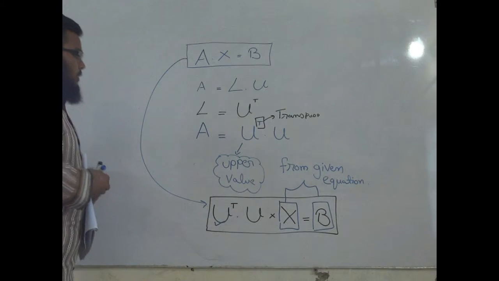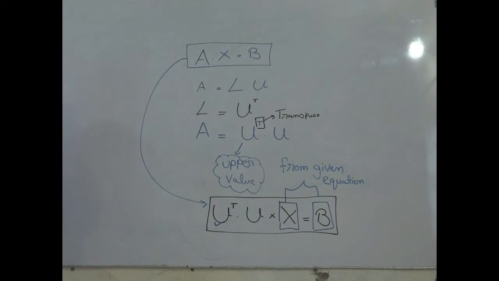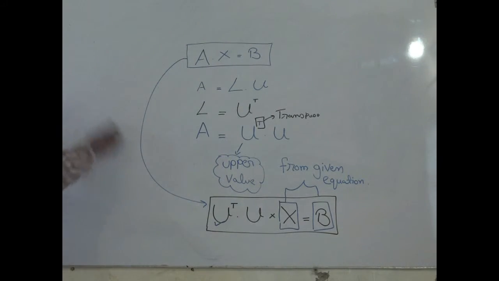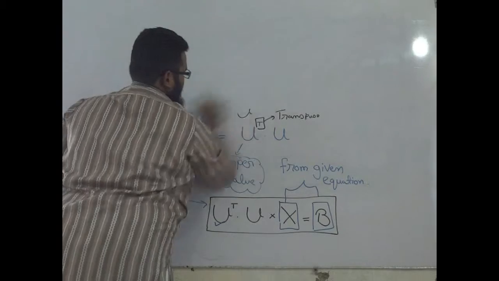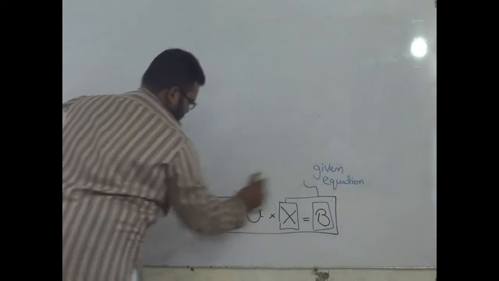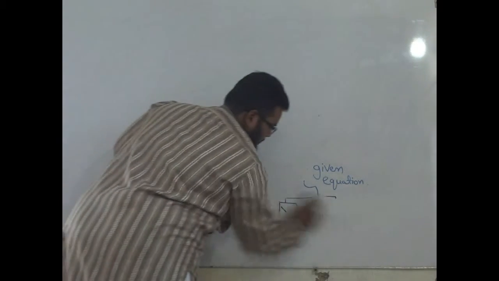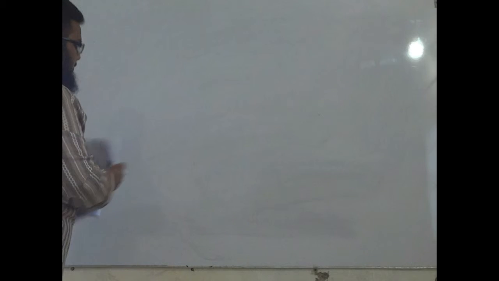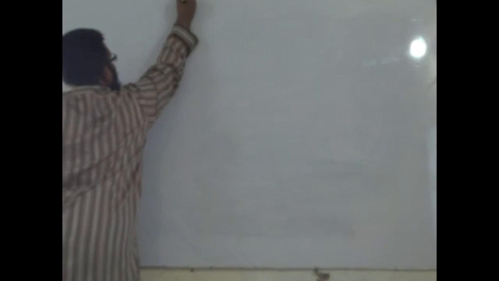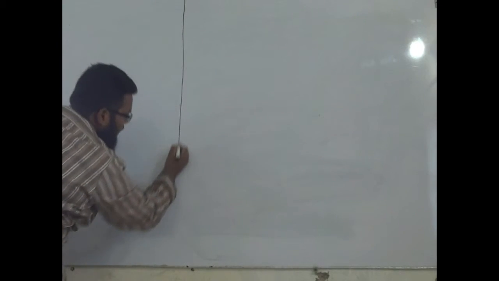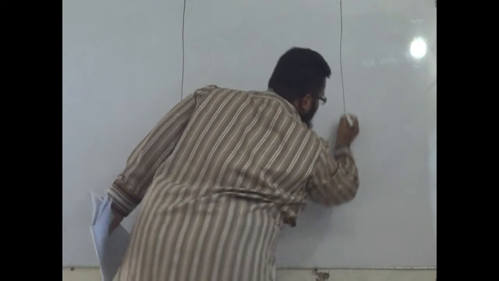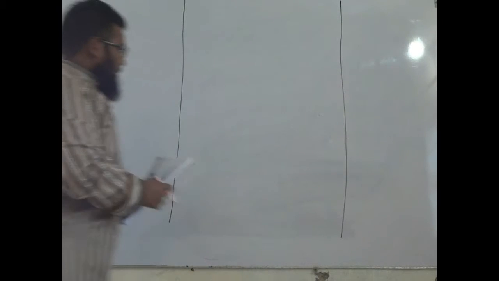Okay, this is a generalized form or method to find Cholesky. I have to break my board into 3 small brackets because it's a very lengthy method.